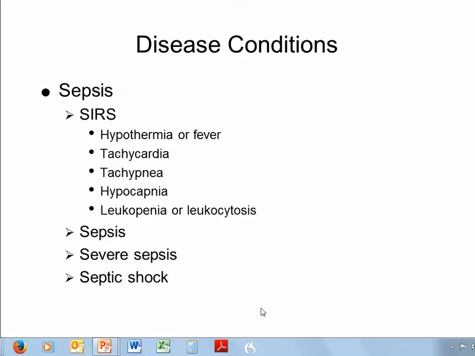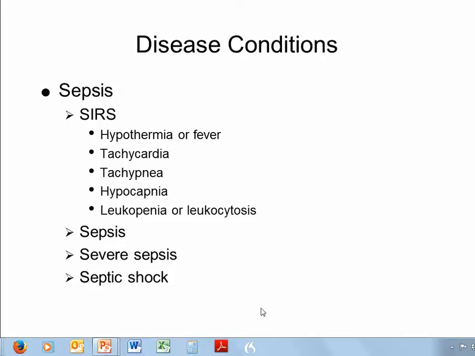So somewhere in there, there's some type of an infectious process, and we develop SIRS due to that. Then we have severe sepsis, and severe sepsis is where you have the sepsis, but you have organ dysfunction due to the sepsis. It is attributed to that sepsis, all right?